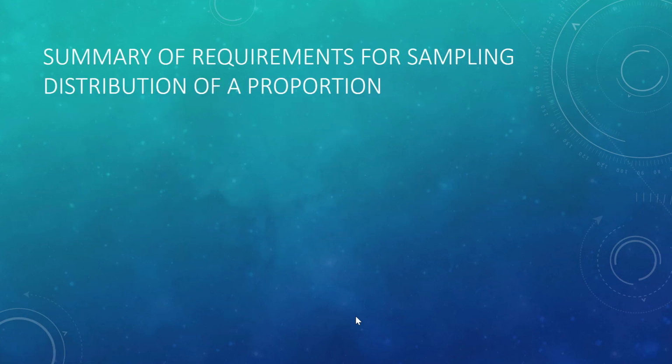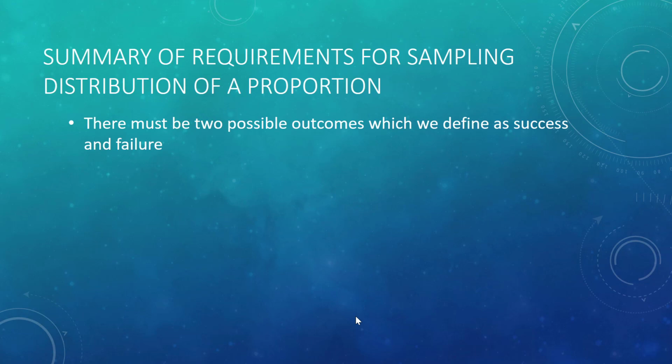So let's summarize the requirements that we have to meet in order to create a sampling distribution for a proportion. First of all, we have to meet all the conditions of the binomial. That means that there have to be two outcomes. The trials have to be independent, as we mentioned. We say that lowercase n has to be less than or equal to 0.05 times capital N, or the sample size has to be less than or equal to 5% of the total population size.